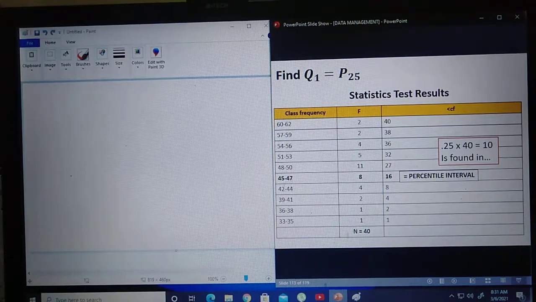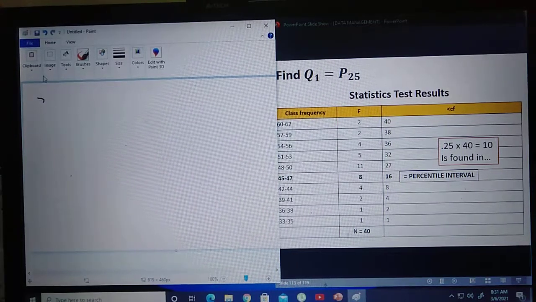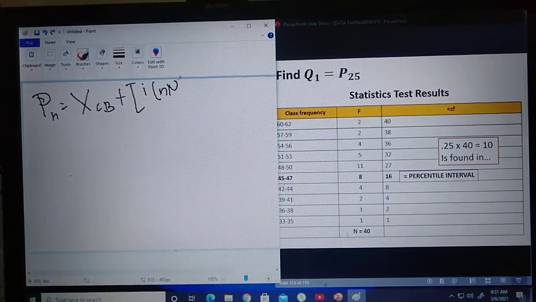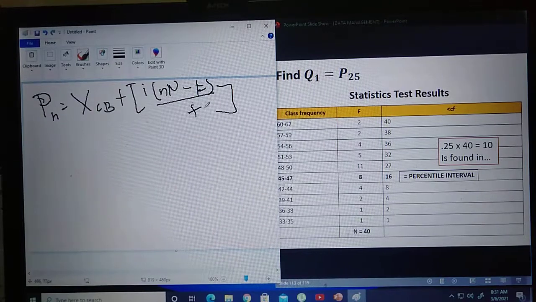Okay. Sige, gamit na yung formula. We are looking for Q1, and Q1 is equal to P25.